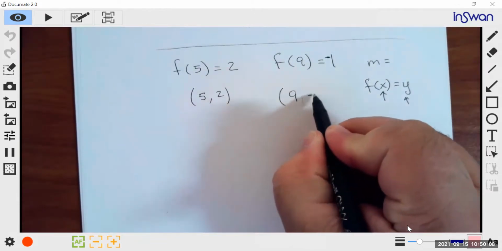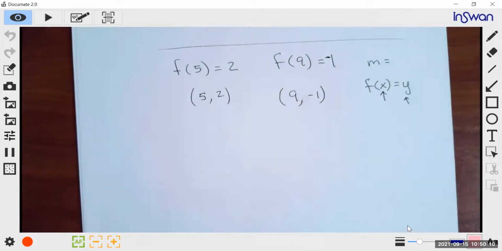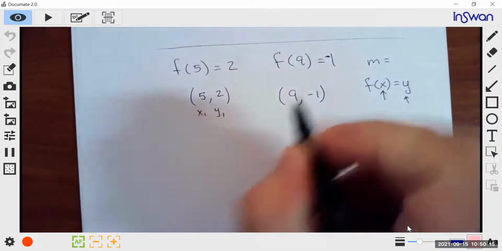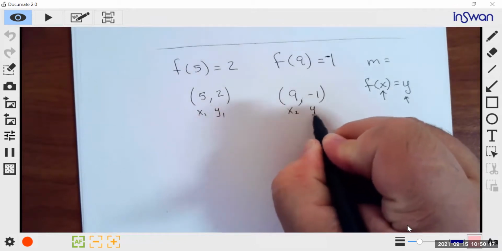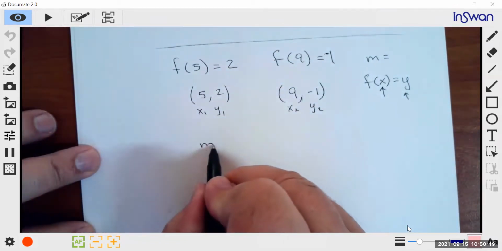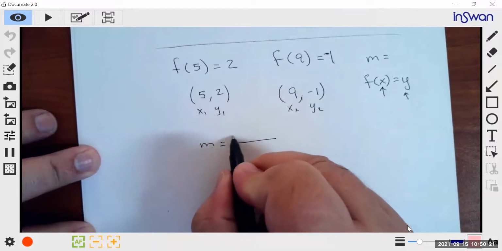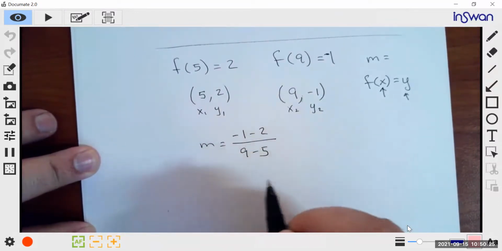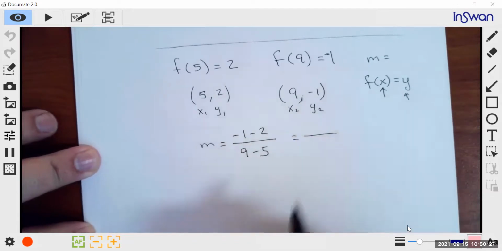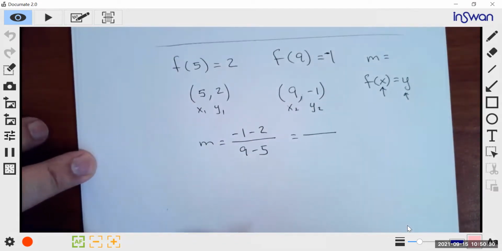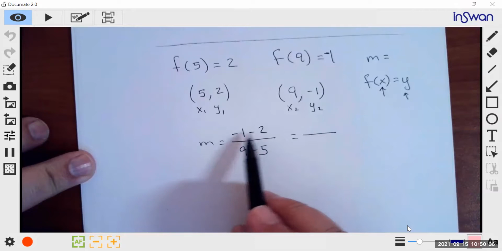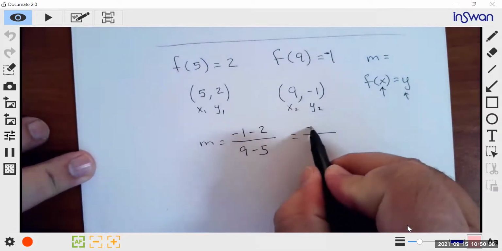X is 9, y is negative 1. Those are your 2 points. X1, y1, x2, y2. Negative 1 minus 2. Since they're both negative on top, the answer is negative.